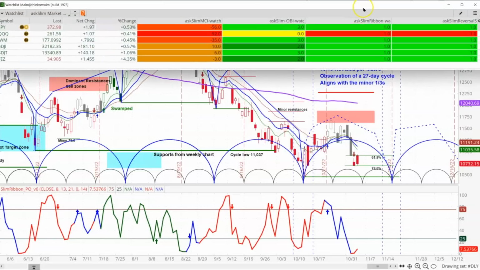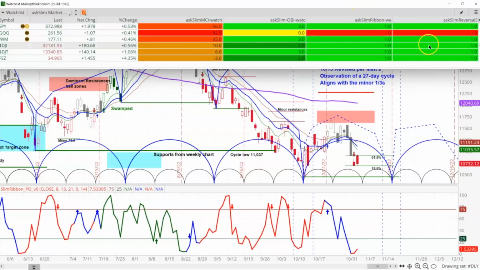Here is our market monitor, which shows our proprietary information, and I'm going to share that with you. It goes from this side, which is the reversal scout, which is the most sensitive to the market, to the slim ribbon, to the option bias indicator, to the askSlim market condition indicator.